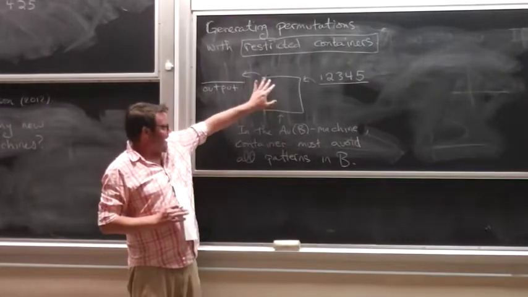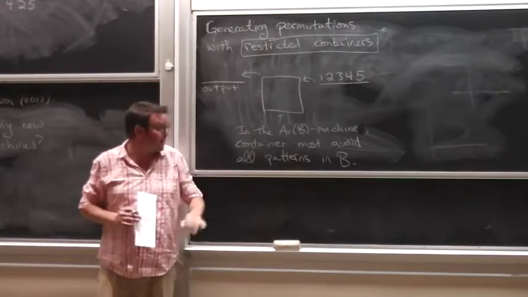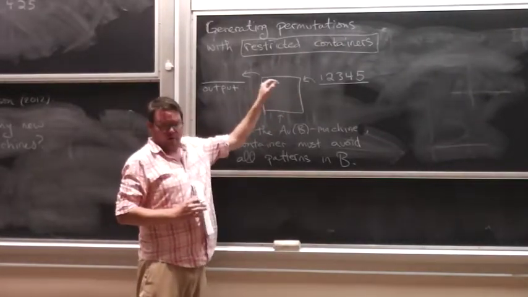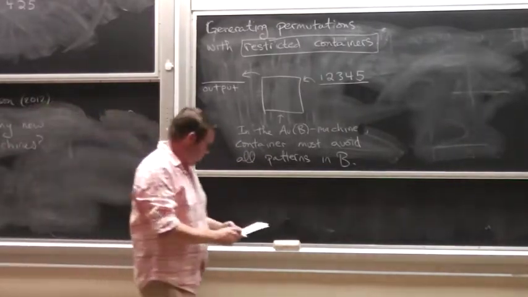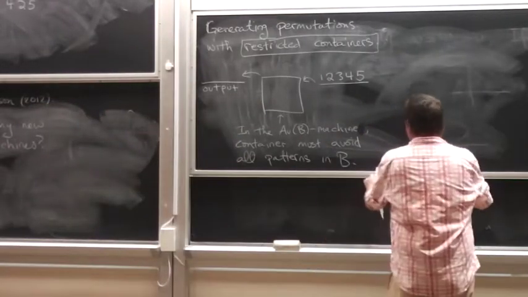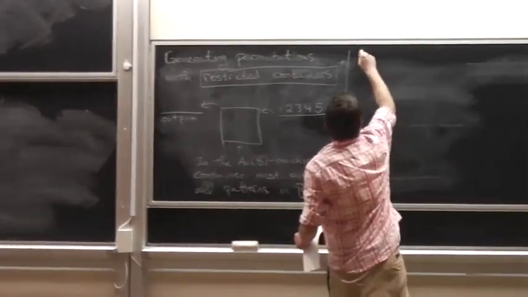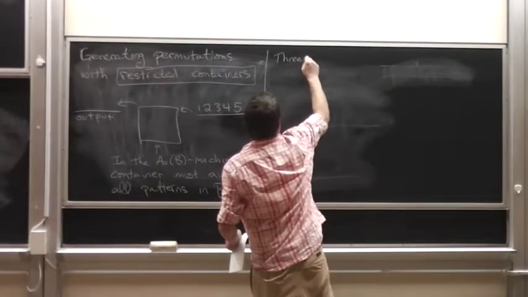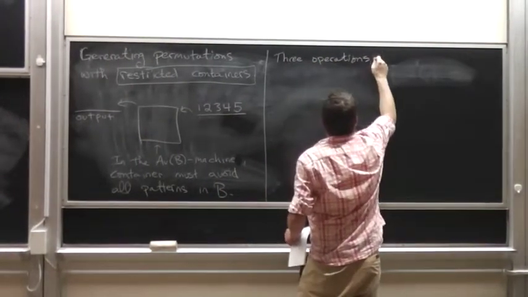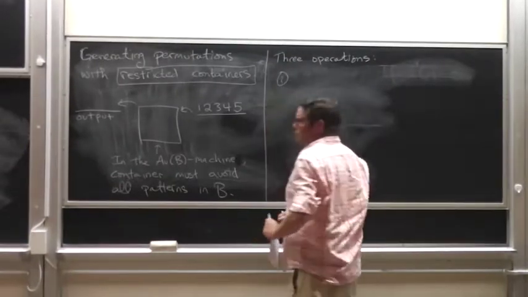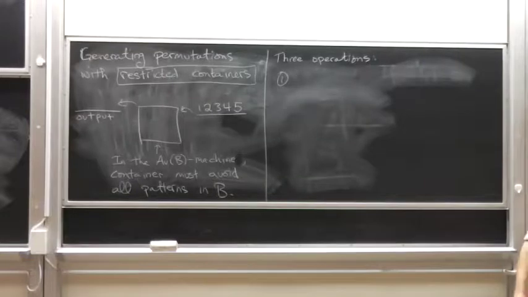The rule is that the container has to always avoid those patterns. We're not allowed to have any elements in here that look like one of those patterns. And then we're allowed three operations. The first two are exactly like for a stack or for a queue.